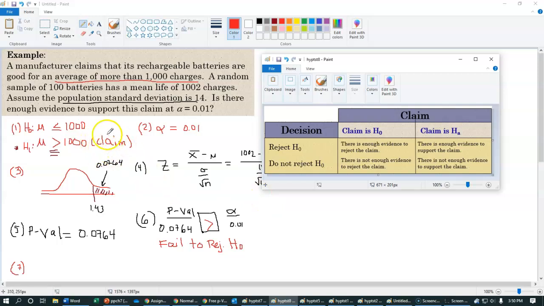That's why I put, in parenthesis, the word claim when I translated the claim from words into math, the original claim. And my original claim is in H1, which is the same thing as HA. So I'm in the second row, last column. So where you see the intersection of the second row and last column, whatever you have there, that's your interpretation. So my interpretation will be there is not enough evidence to support the claim.